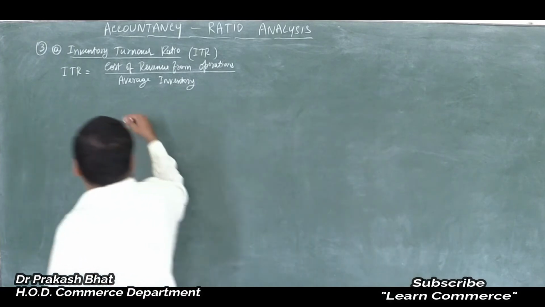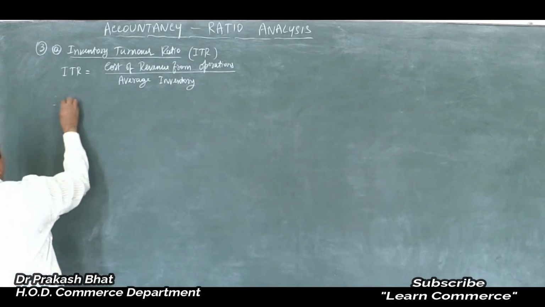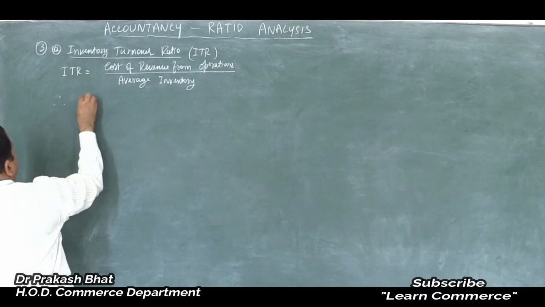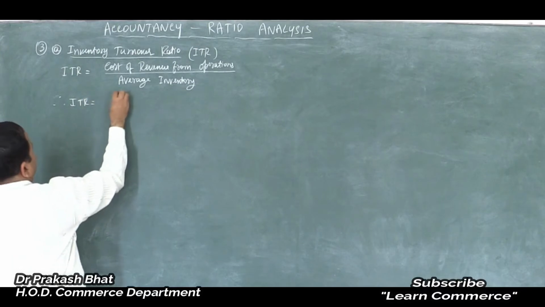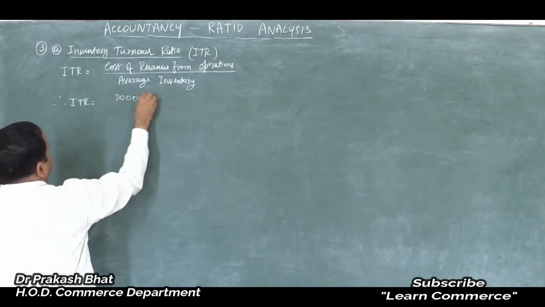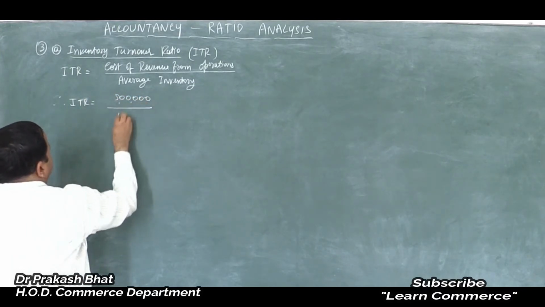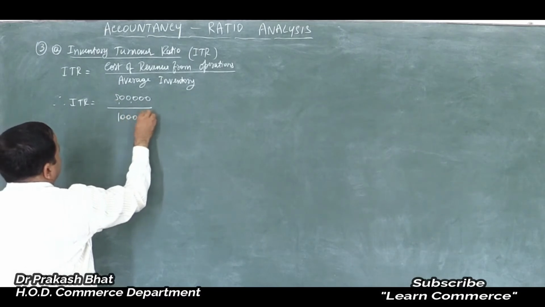So here cost of revenue from operations, therefore ITR, that is inventory turnover ratio, is equal to 5 lakh, that is cost of revenue from operations, divided by 1 lakh, that is inventory.